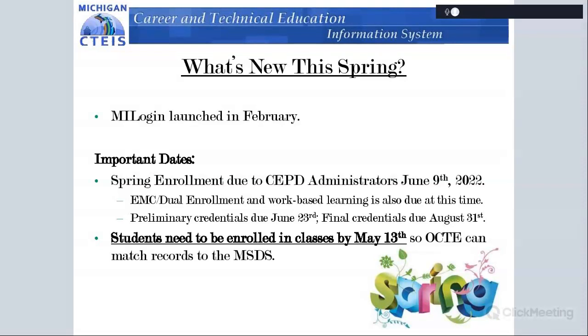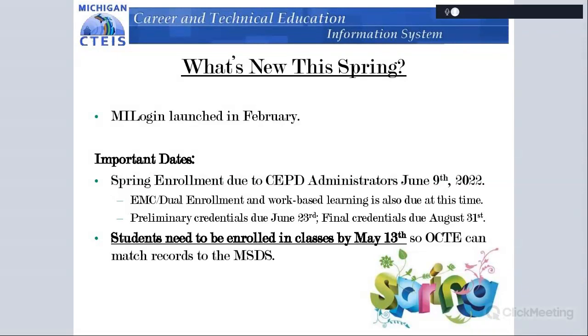But yep. So make sure you've got the important dates together. Your spring enrollment is due to CTE administrators as June 9th. Your EMC dual enrollment and work-based learning is also due at this time. Your preliminary credentials are due June 23rd, and your final credentials are due August 31st.